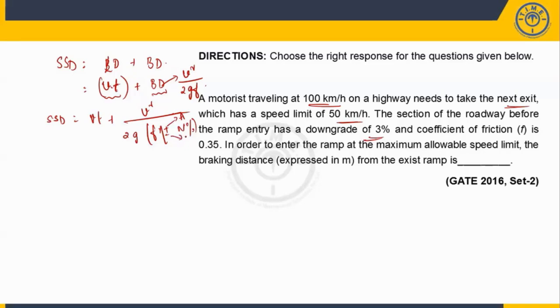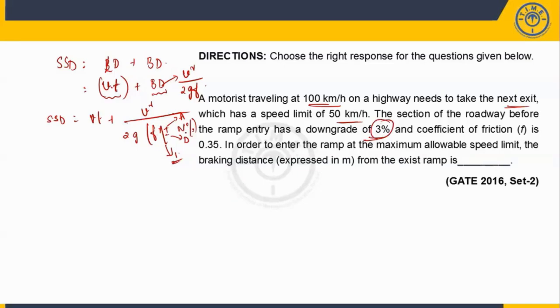For a descending gradient, use minus. This eta is braking efficiency. When the question does not mention braking efficiency, assume it is 100%, take it as 1. Here he has not mentioned braking efficiency, so take it as 1. But he mentioned a downgrade of 3%.